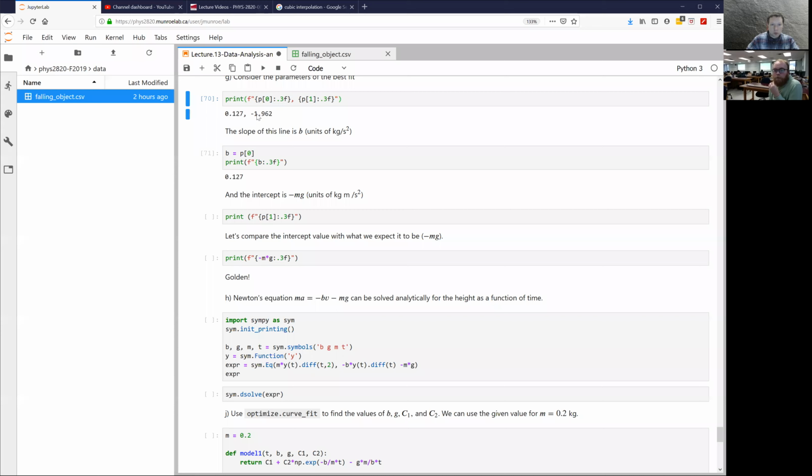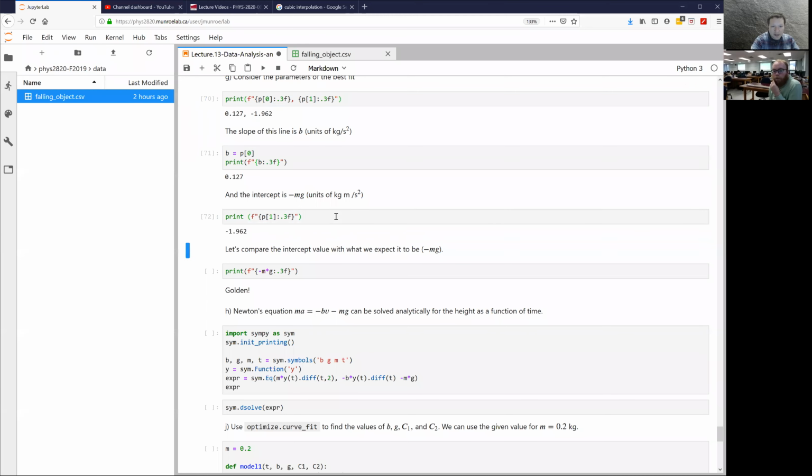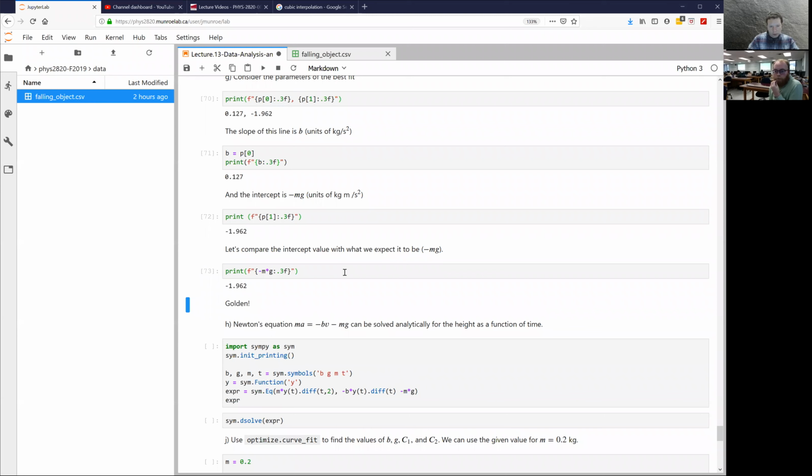Oh, there it is, 1.962. This should be the same as minus mg. Well, let's actually calculate m times g, and you get the same number. So this tells us I've got a good physical model. That's one way of solving these problems.